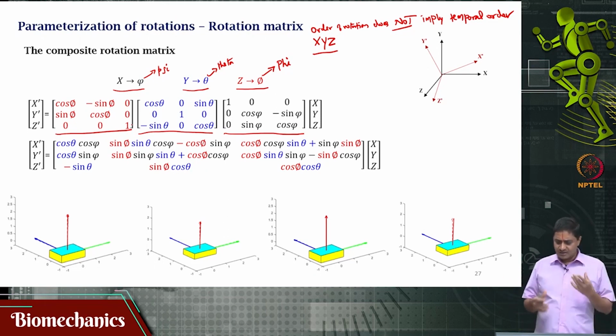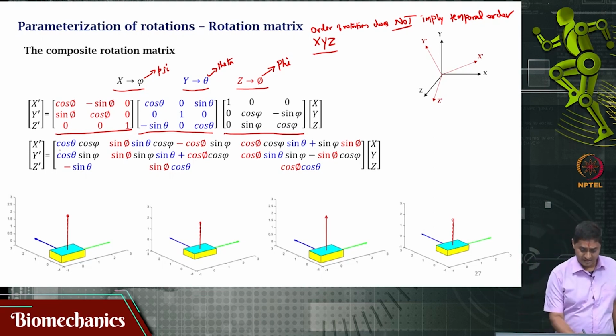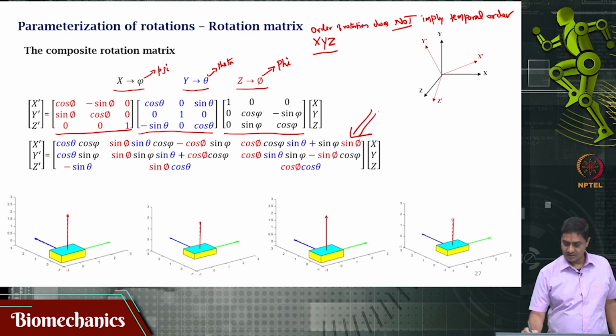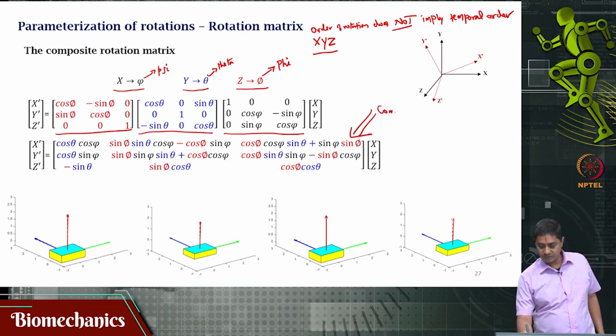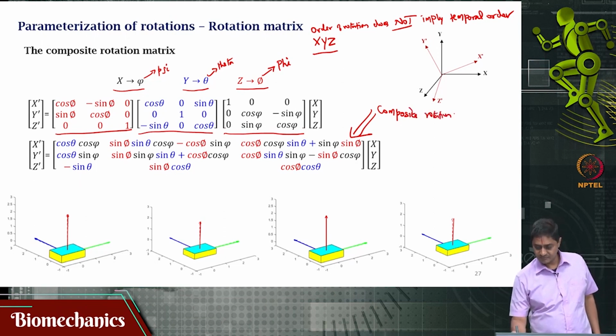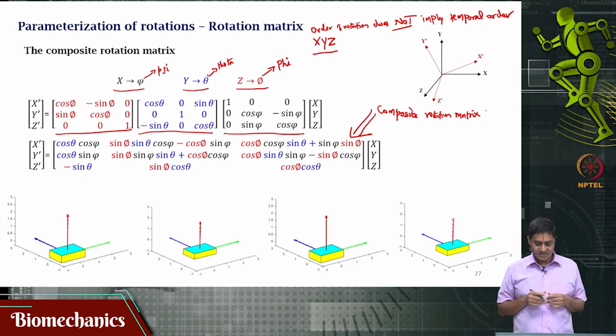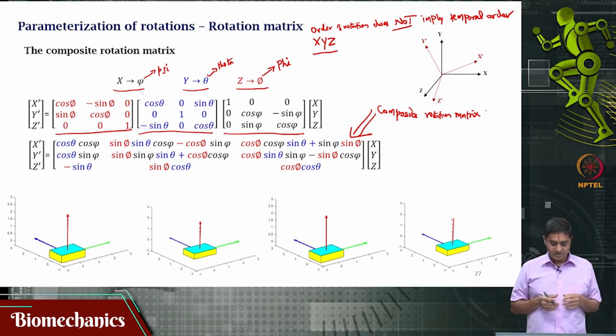And after matrix multiplication, this is what I will get as the composite rotation matrix. Looks like a very scary thing, right? There are many things and it is not clear how to identify the rotations about each axis by looking at this, because you are not just going to have this, you are going to have numbers.